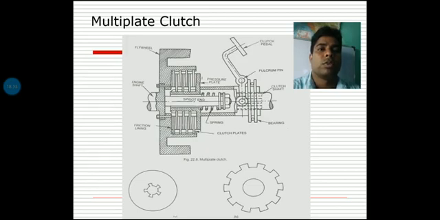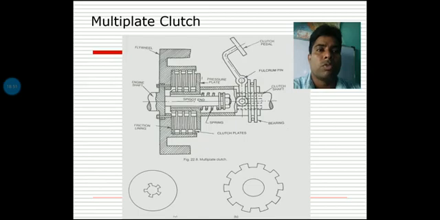Three or four plates engaged means more than two plates are there, so that clutch behaves just like a multiple clutch. When more than two plates are engaged in such conditions, we can consider it a multiple disc clutch.